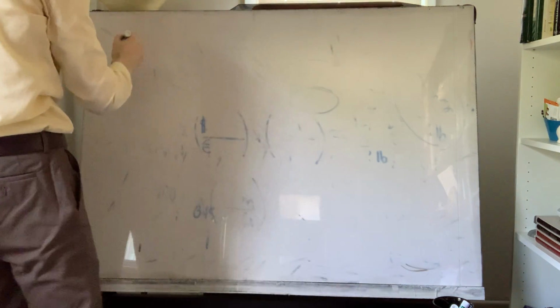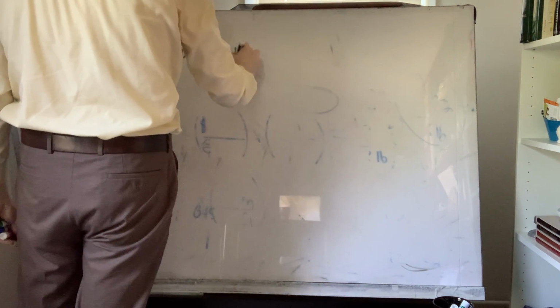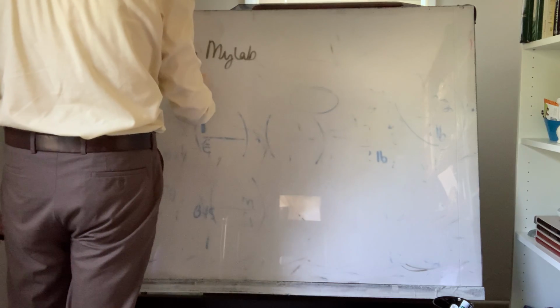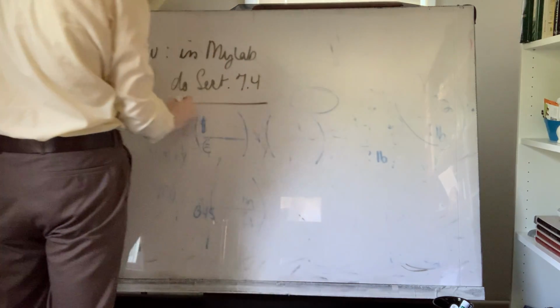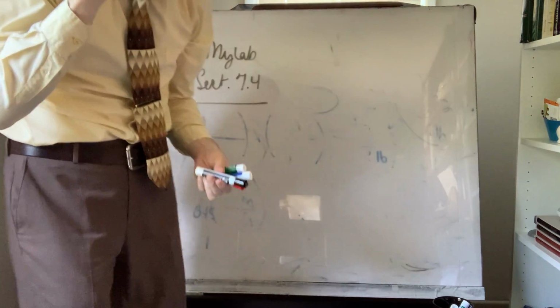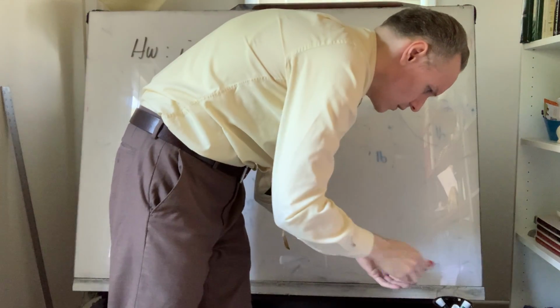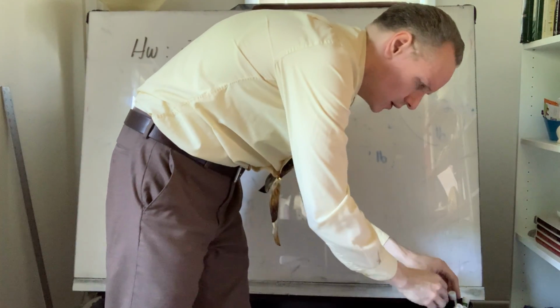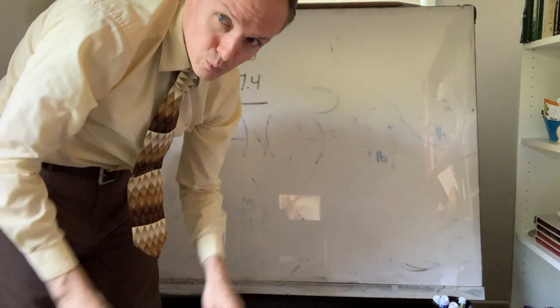If you are following along according to the schedule for homework in my lab, do section 7.4, and you are finished with chapter 4. Just as a reminder, this is probably a little bit past the middle of the summer session. So if you haven't finished chapter 4, chapter 6, you really need to do that.